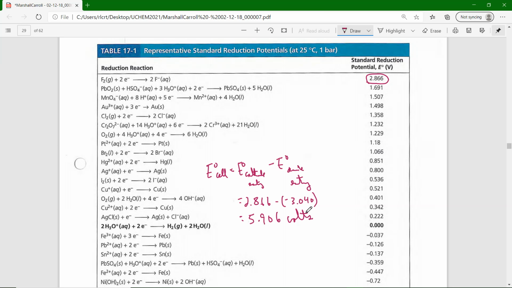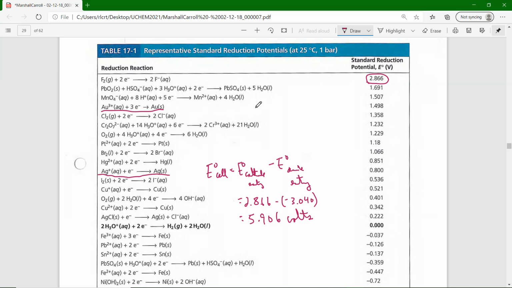Okay, and as I was saying before, as I see it here, if I had silver plus and gold 3 plus, spontaneously what would happen is this would oxidize any species lower down to it spontaneously.